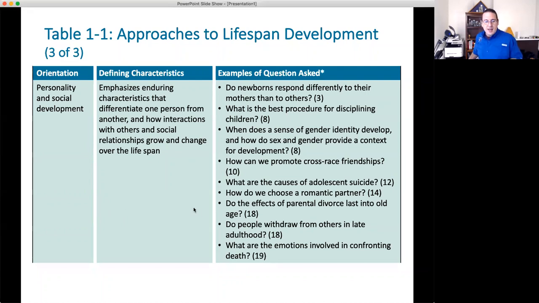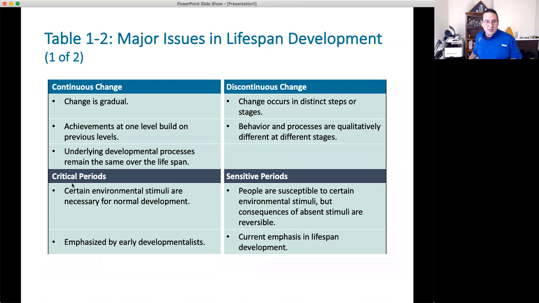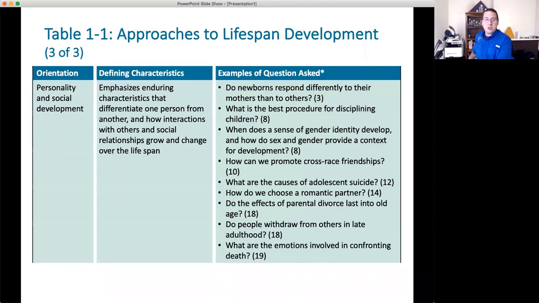All right, and then lastly, I meant to talk about social development, and how people interact with each other and form relationships, and how stable they are through the course of their lives. We may see that in early or later adulthood.